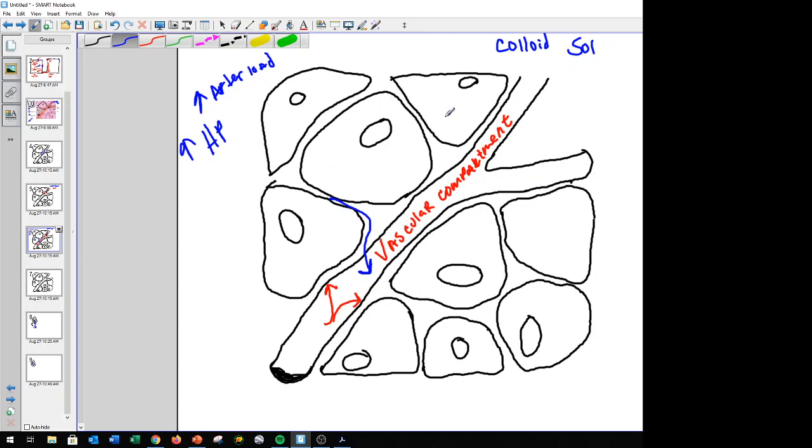So we can give a colloid solution, and if we have a congestive heart failure patient, it'll start drawing that back into the vascular compartment, therefore reducing edema.